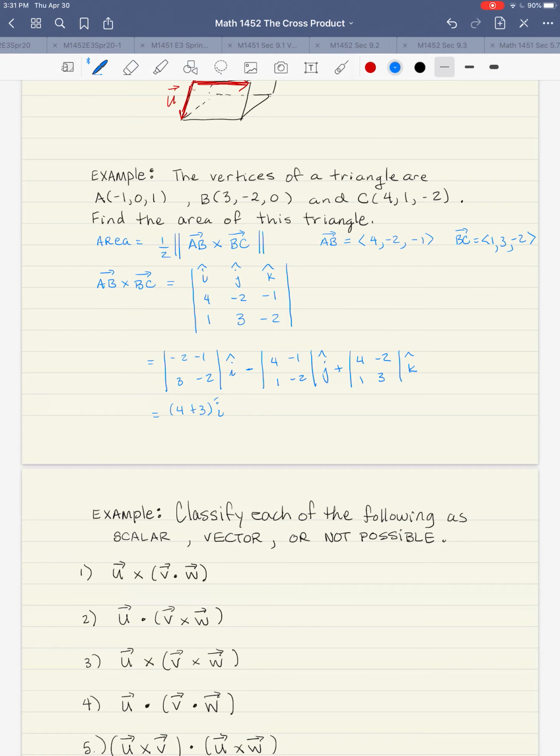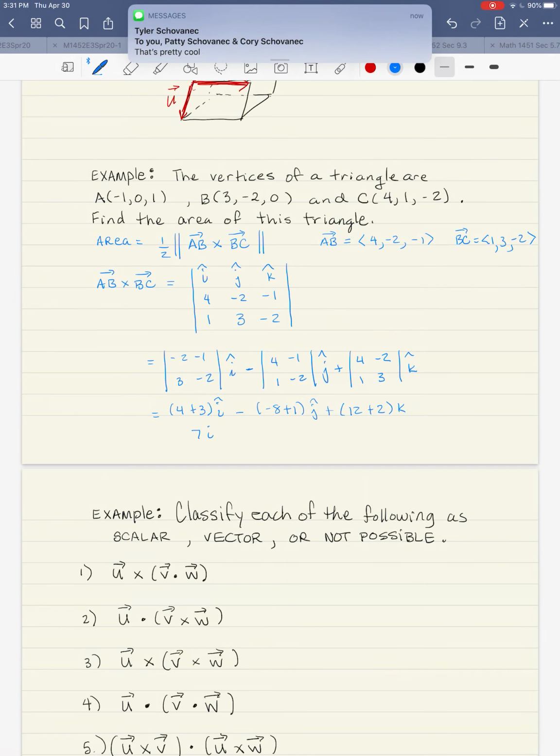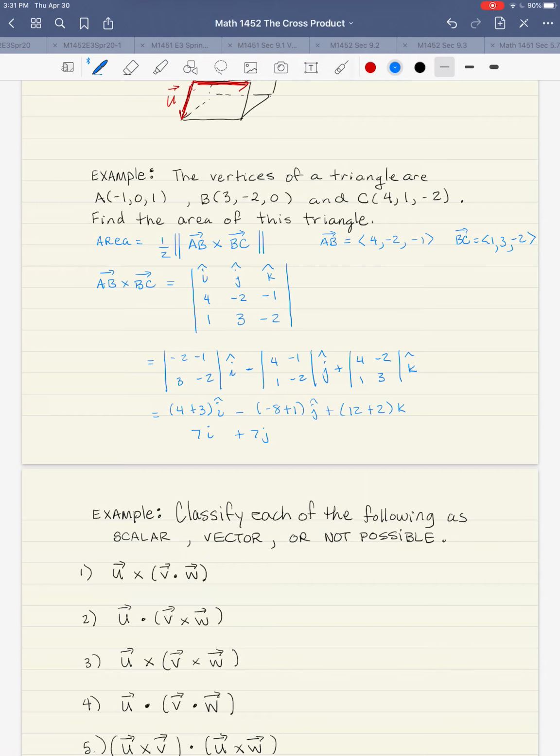And so we're going to get 4 minus a negative 3, minus negative 8 minus a negative 1, plus 12 minus a negative 2.